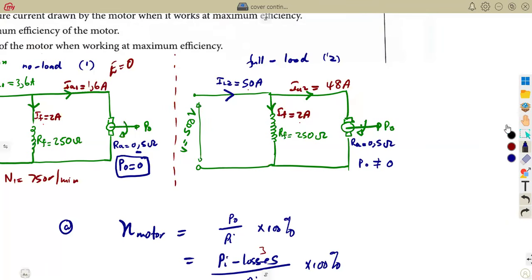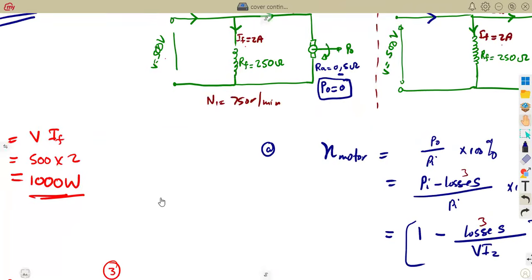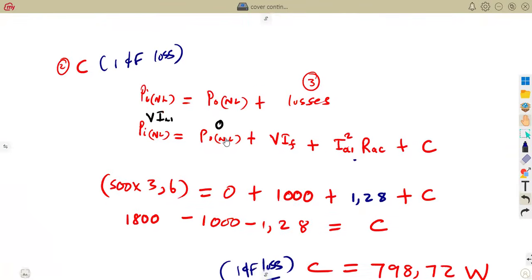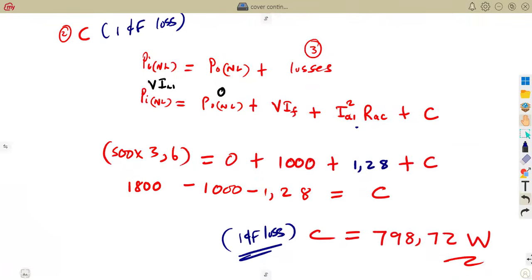So you must be very, very careful, because you might be saying, on this calculation, when we were calculating the iron, friction and windage losses, there's a part where we calculated the armature copper loss. It's very true, but it was at what? At no load. It was at no load.